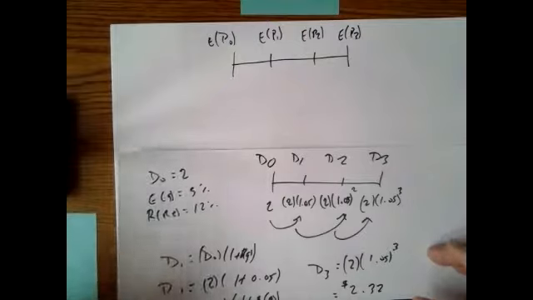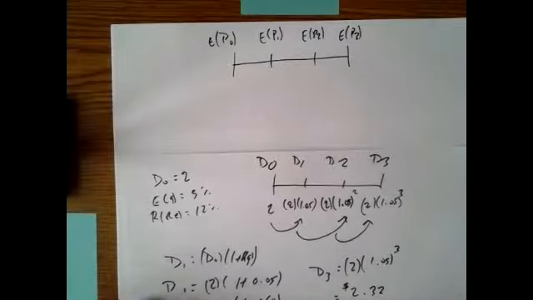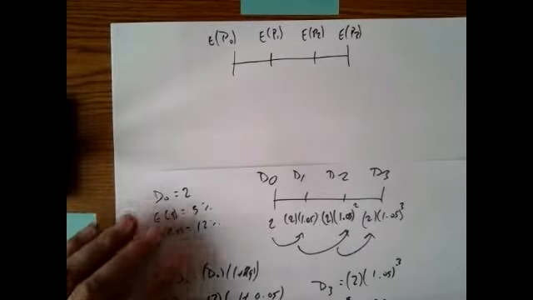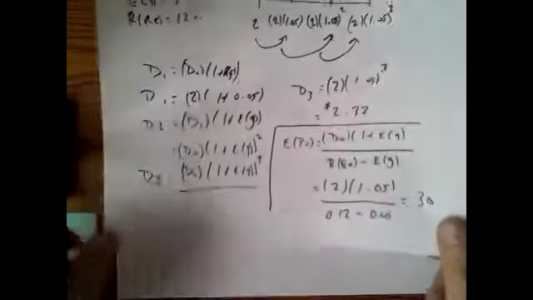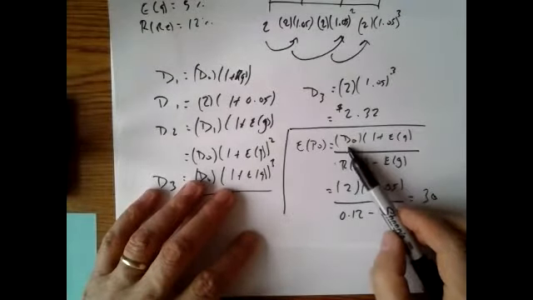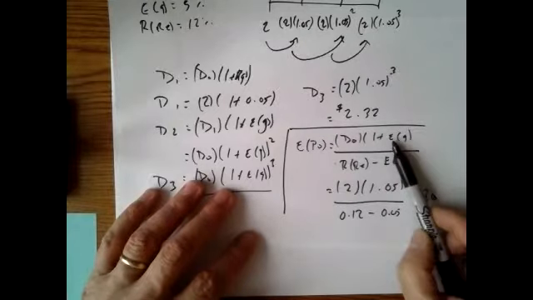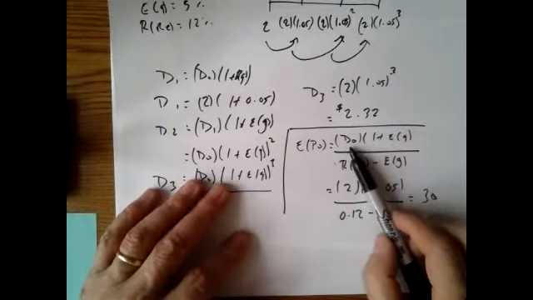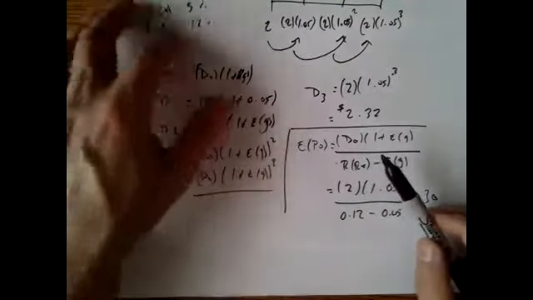If the growth rate is going to be 5%, then looking at this formula, the only thing changing is as we move forward one more year.